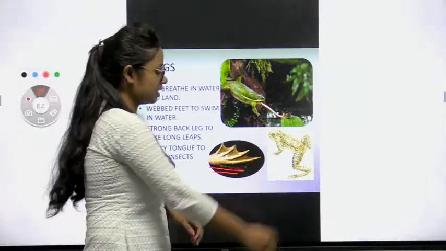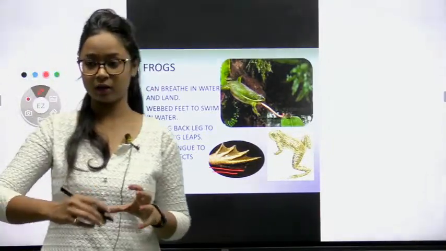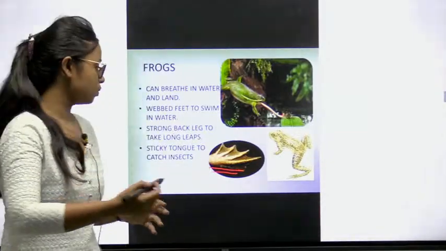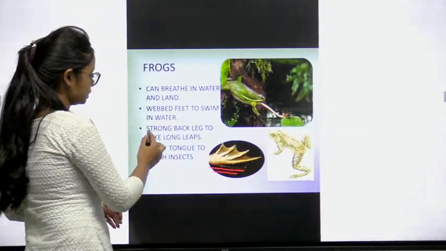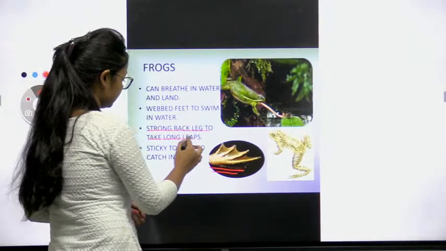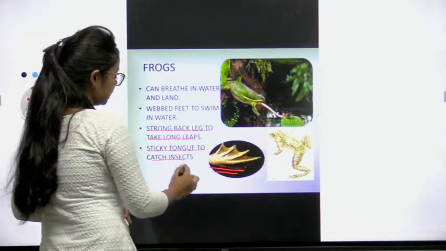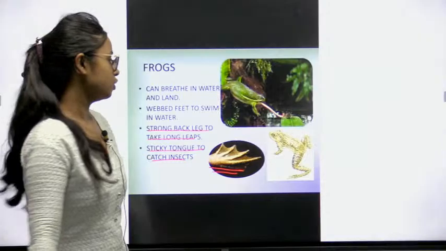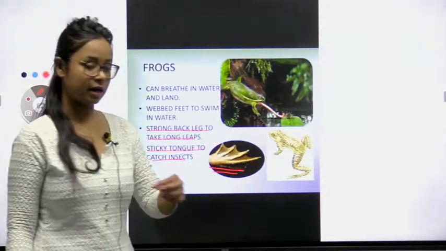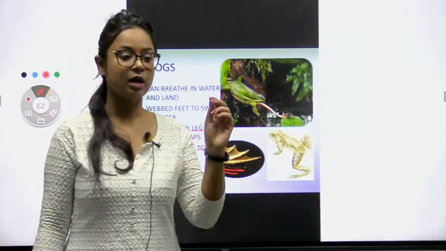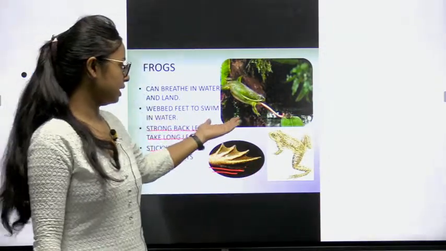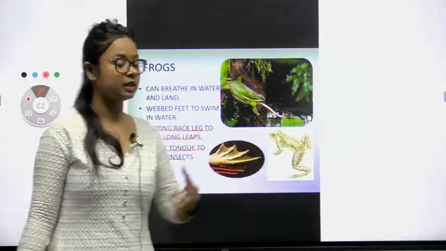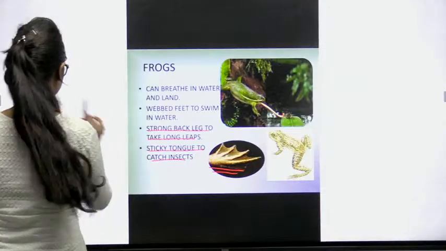Their legs are very long and they have strong back legs so that they can easily hop. You all know what hopping is, right? Also, they have a long sticky tongue, you can see, so that they can easily catch their prey. You all know they eat insects.